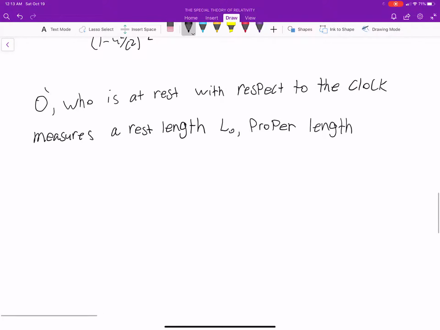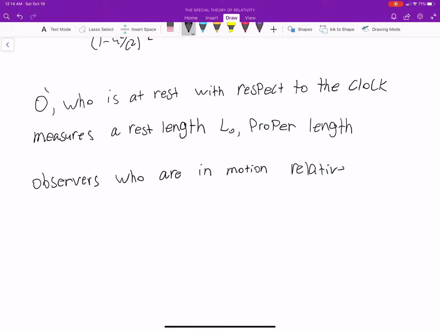Now, observers who are in motion relative to O prime will measure a shorter length.